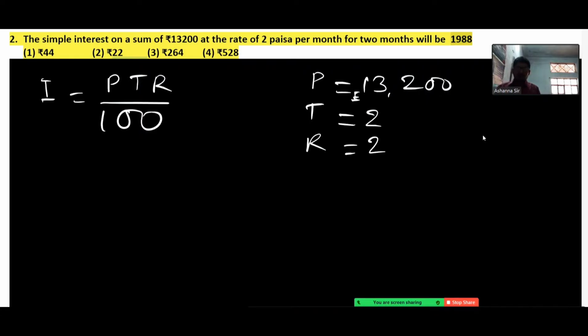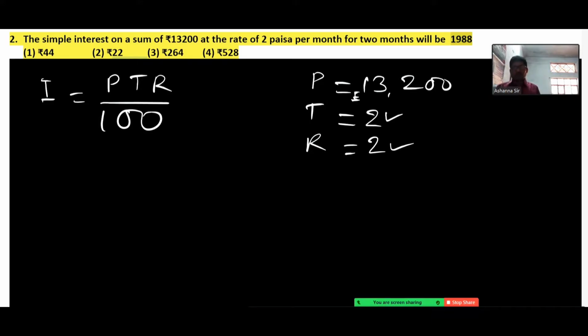If time and rate are both given in months, then we can substitute those values directly. If the units are different, months and years, we don't write like this.